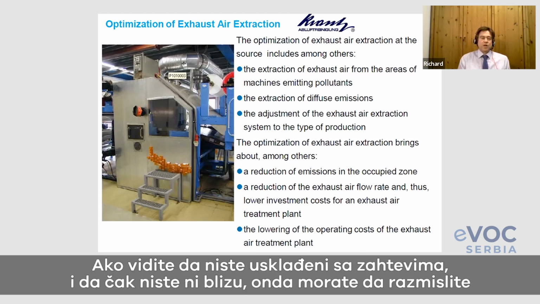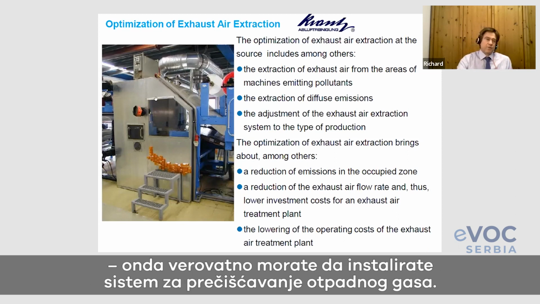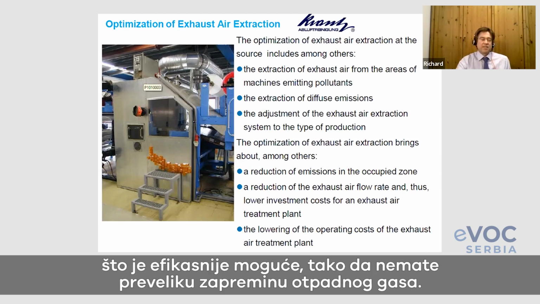And if you see that you have no compliance, or no compliance is in view, and you want to keep on using VOCs for the production of coatings, then you probably have to install a waste gas abatement system. And then you must think about how we can extract those waste gases as efficiently as possible, so that we don't have too much waste gas volume.